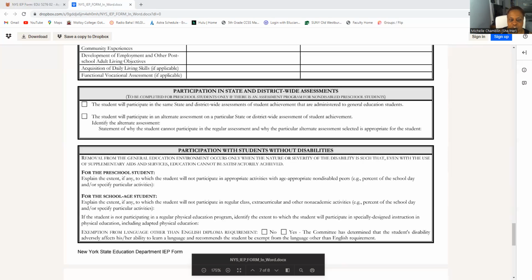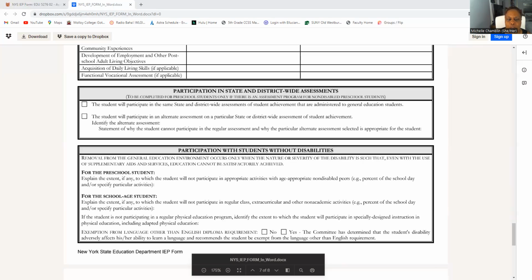Just state and district-wide assessments, none were put here. The student is 8th grade, and perhaps they did not have that information. So it was not included in this report. So let's take a look at the academic achievement.